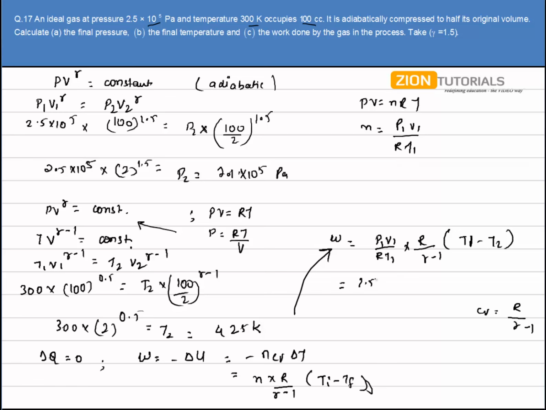Pressure as 2.5 × 10^5, volume is 100 cm³, that is 100 × 10^-6, by T1, that is 300, into gamma minus 1, because R is cancelled. So that is 0.5 into initial temperature 300 minus the value of T2, that is 425. Solve this and you'll get the work done as 21 joules, of course with a negative sign. The negative sign simply shows that work is done on the system.